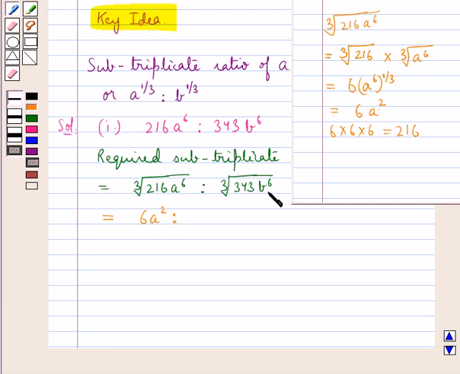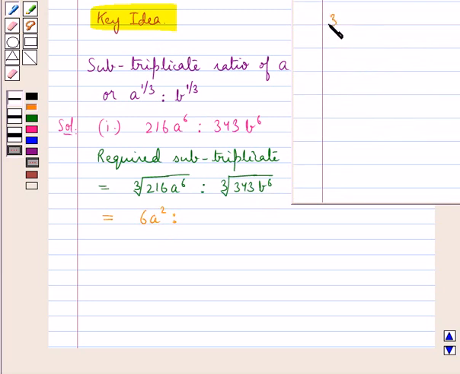now let's find out the cube root of 343 b to the power 6. Let us now see what is the cube root of 343 b to the power 6. This is equal to cube root of 343 multiplied by cube root of b to the power 6. We know that 7 multiplied by 7 multiplied by 7 is 343.